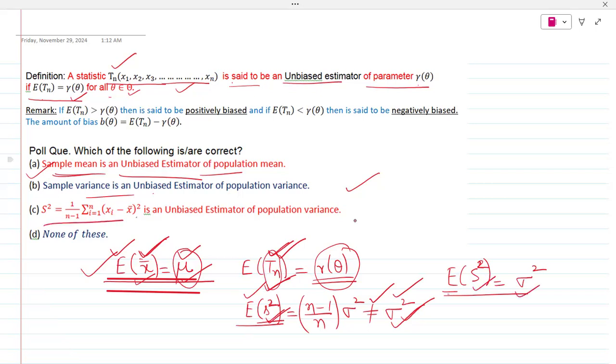So what is our Tn here? It is capital S square. And what is our parameter here? Sigma square. Since this is true, capital S square is an unbiased estimator of the population variance. So here statements A and C are correct, and B is incorrect.